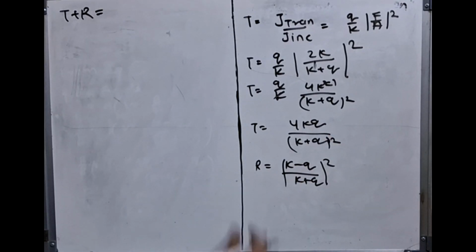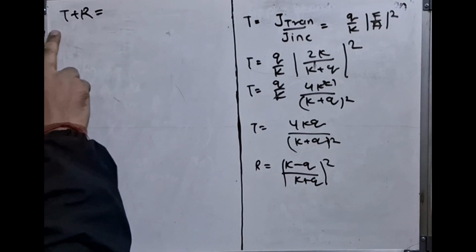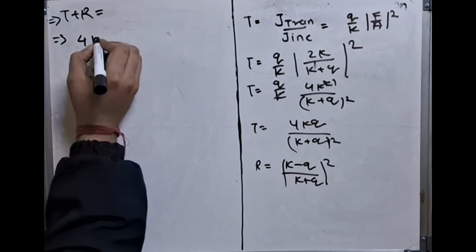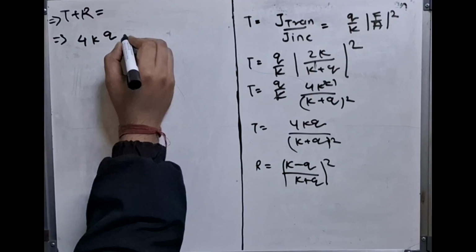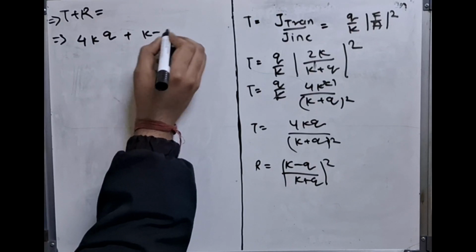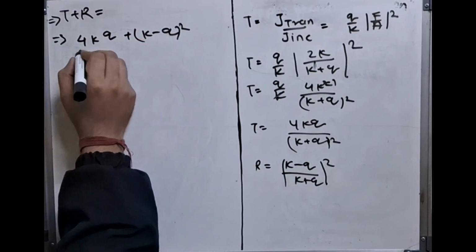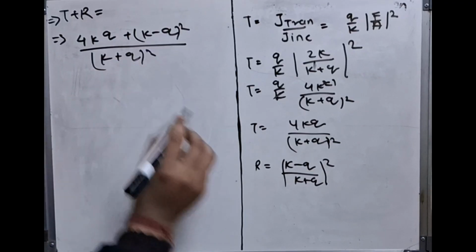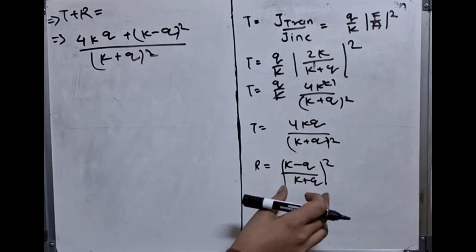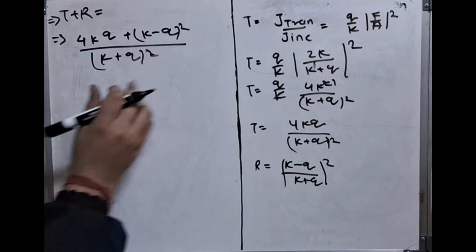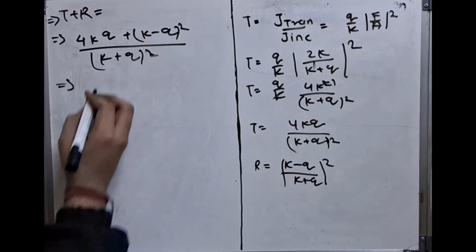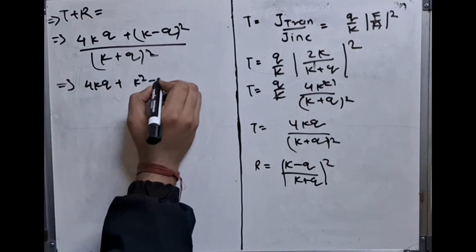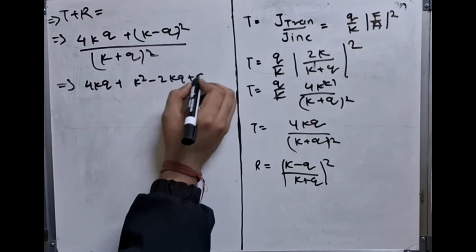So we will just put these two equations inside this, and we get something like 4KQ plus (K minus Q) the whole square, over (K plus Q) the whole square. Since both the denominators are the same, we can just write it at once, and then 4KQ plus K square minus 2KQ plus Q square.